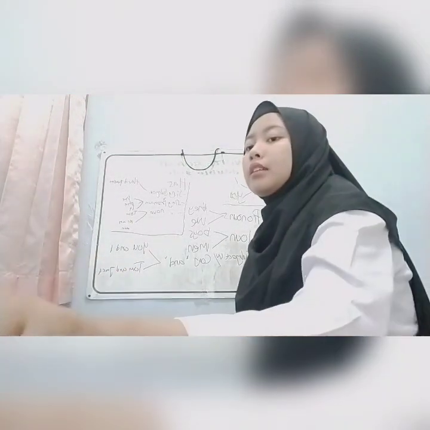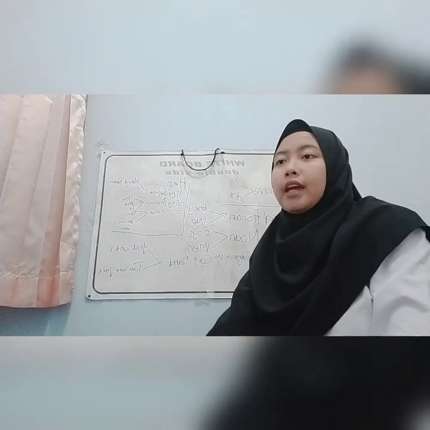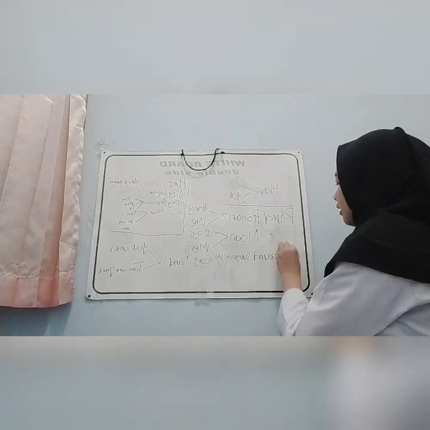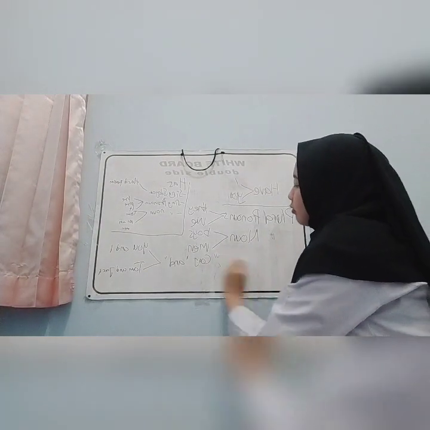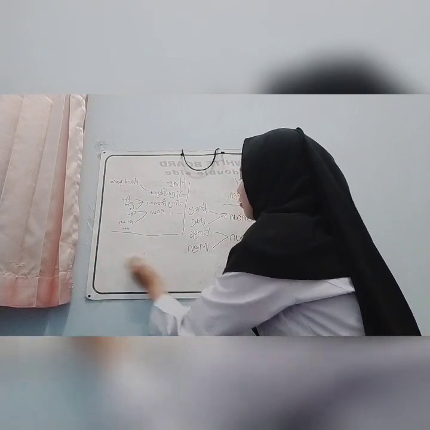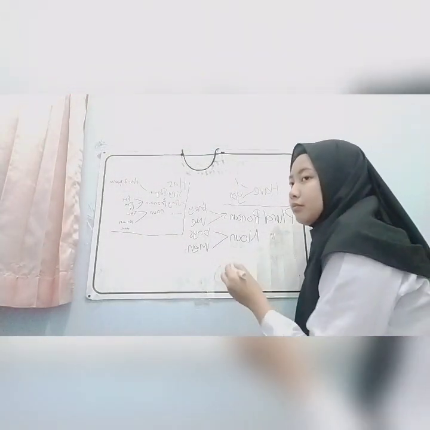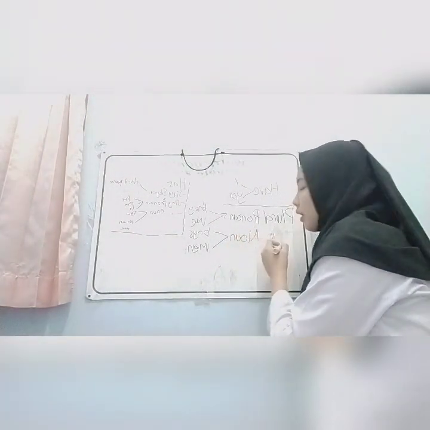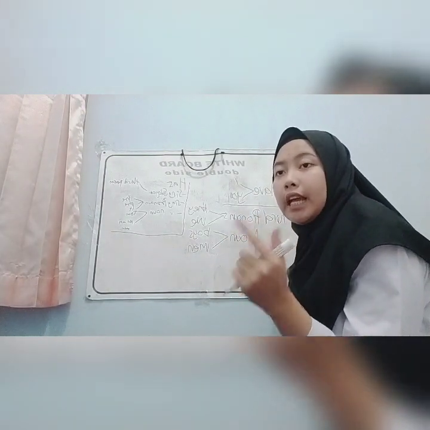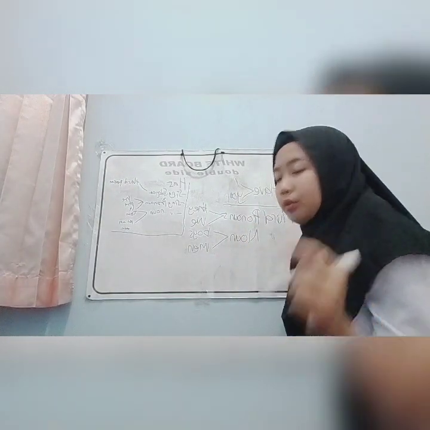Next, the past participle is formed by adding ed, d, n, or ni to the base form of a regular verb.